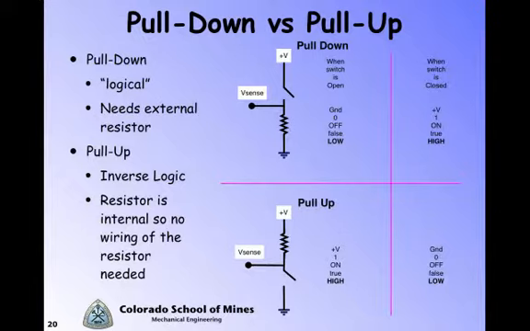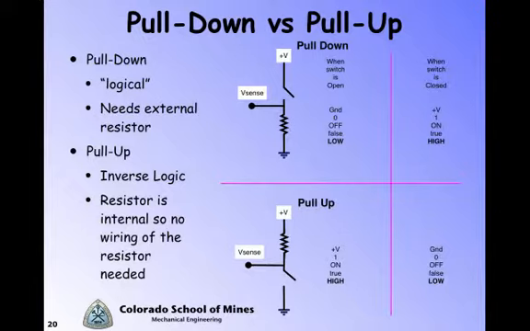In contrast, in the pull-up configuration, when we ask it what the value is with the switch open, it comes back as on or high or true, and only when the switch is closed do we get off or low.